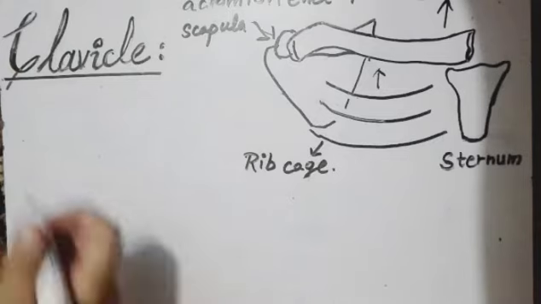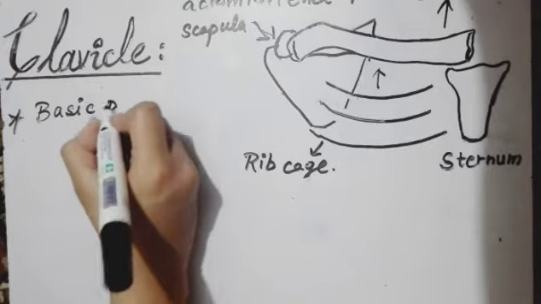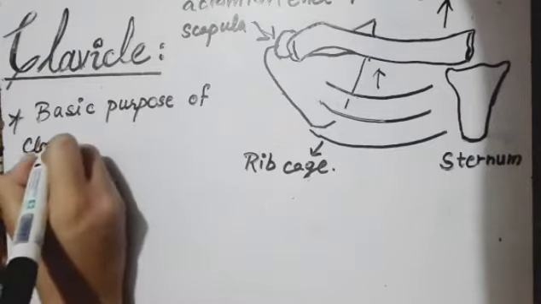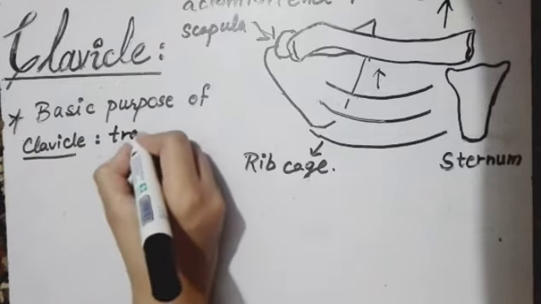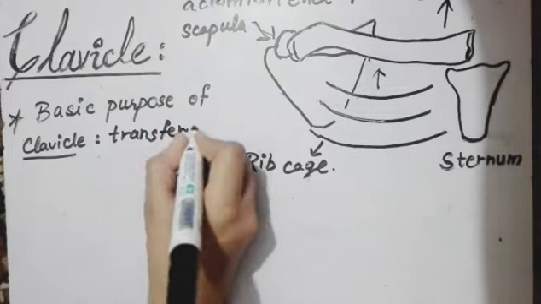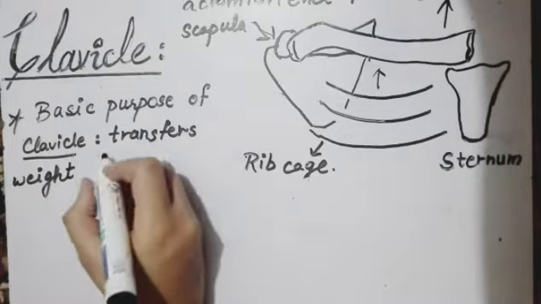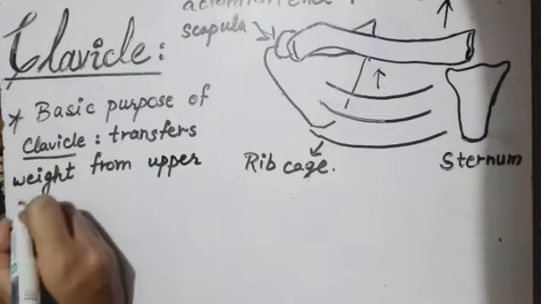The basic purpose of the clavicle is to transfer weight from the upper limbs to the axial skeleton. It's connected to the sternum, which is the starting point, or the medial point, of the axial skeleton, and it connects the shoulder.